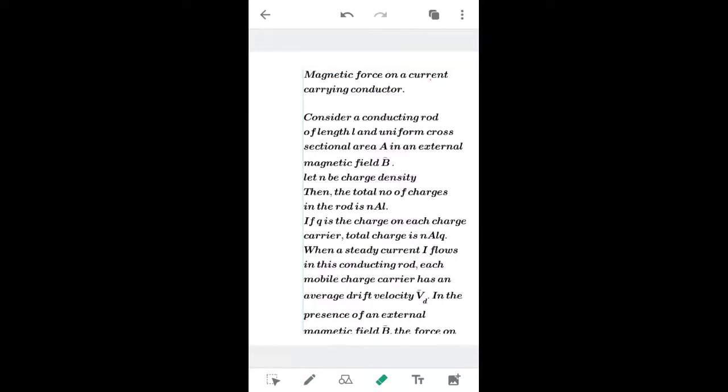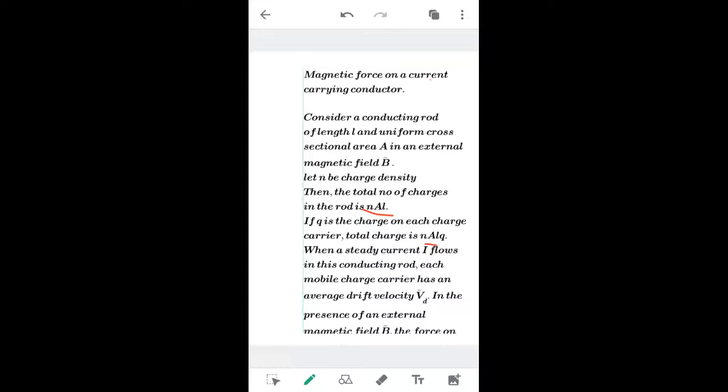The total number of charges in the rod will be nAL, where n is the charge density, and if q is the magnitude of the charge on each charge carrier, then the total charge will be nALq.